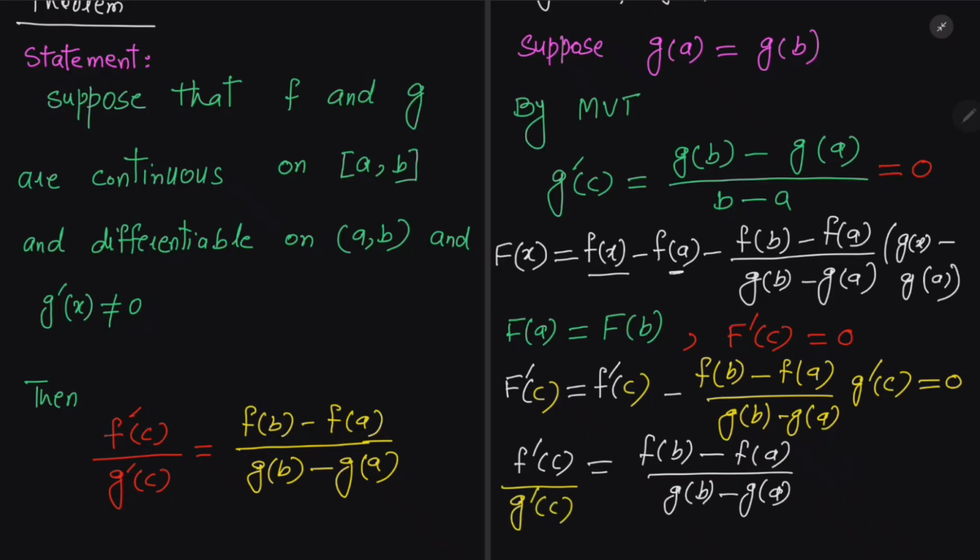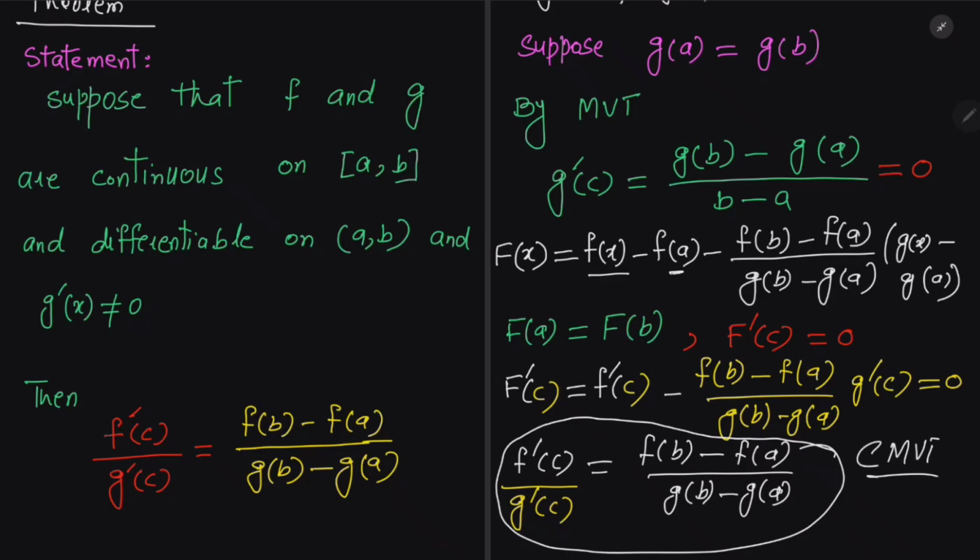So this is our Cauchy's mean value theorem. So the proof is very simple.